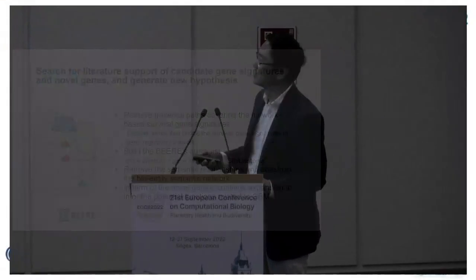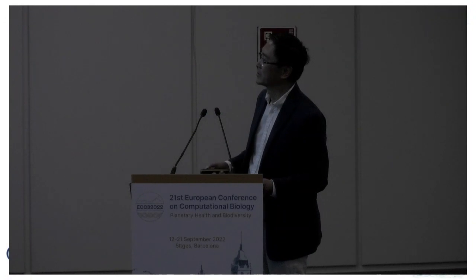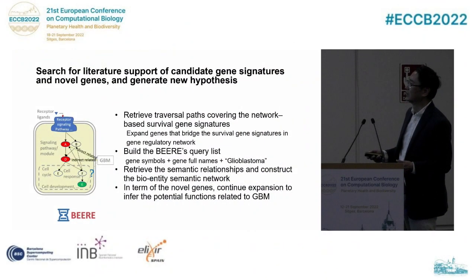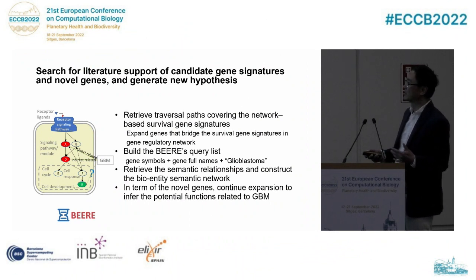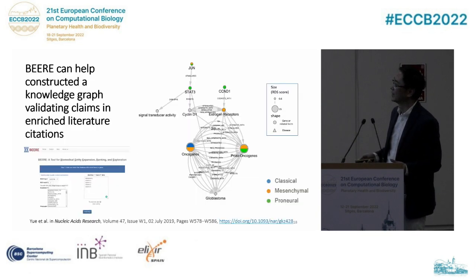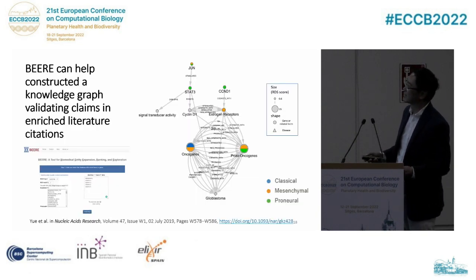I won't bore you with the details, but essentially we use another tool called BEER that allows us to construct the literature validation of significant co-citations of the knowledge graph, right? And then we can build that list. So this is an example of what you can do in BEER.